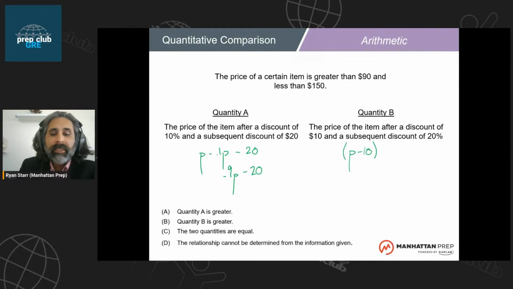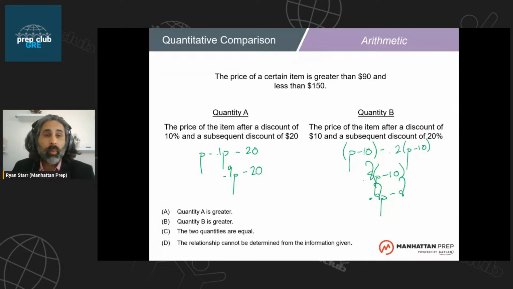So it'll be minus 20% of this price, which is to say we're going to have 80% of this price, minus 10, or 0.8p minus 8.